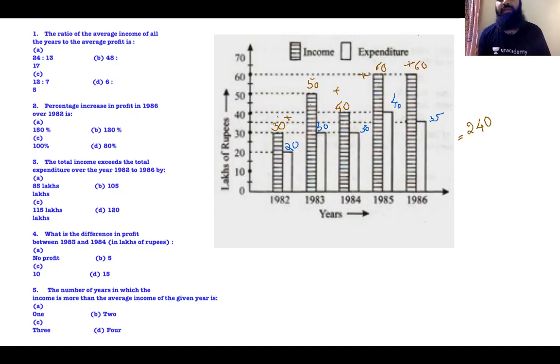So total expenditure will be equal to 50, 80, 120, 155.